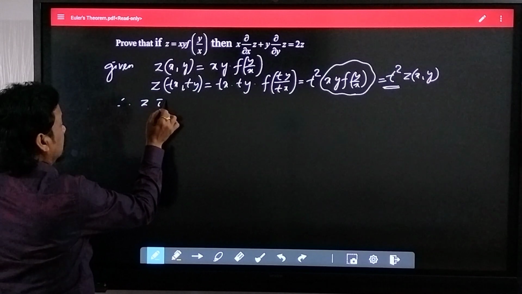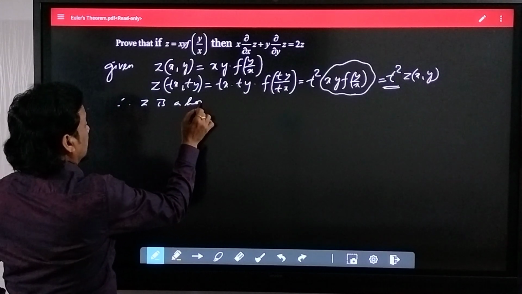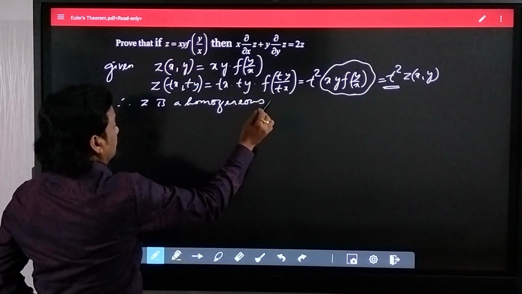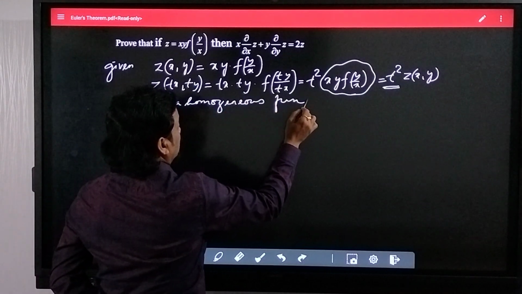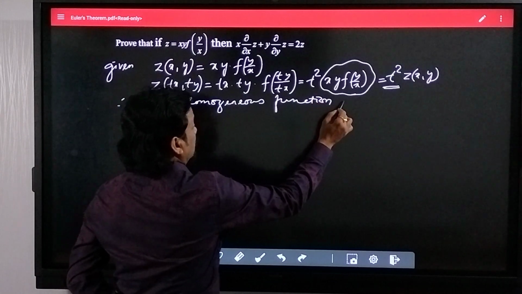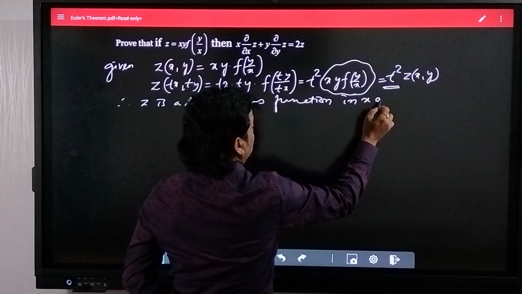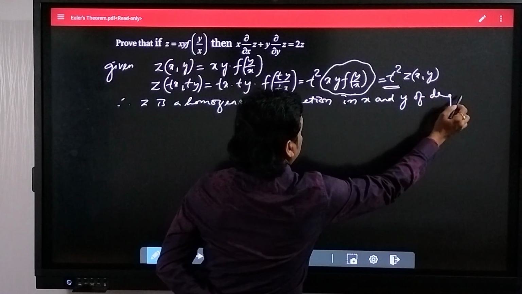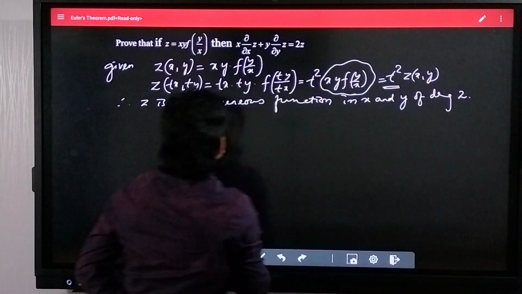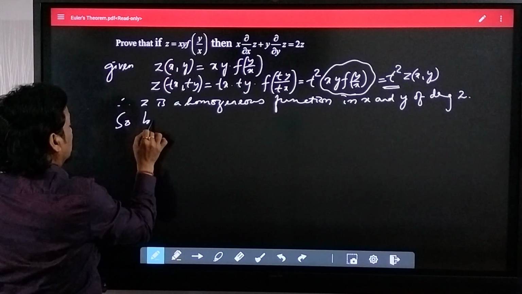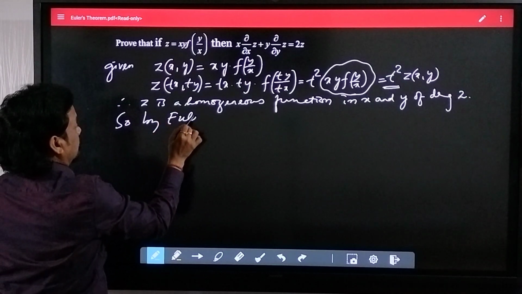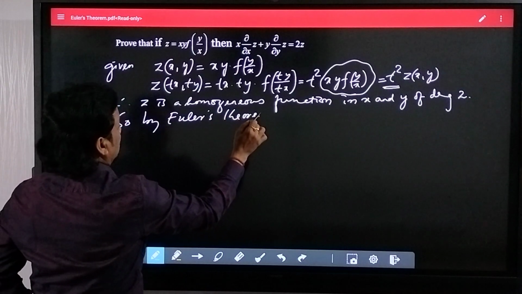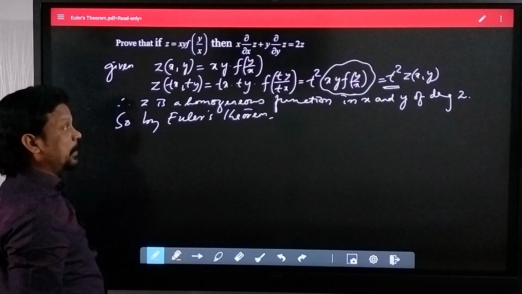Therefore, z is a homogeneous function in x and y of degree 2. So, by Euler's theorem, apply Euler's theorem.